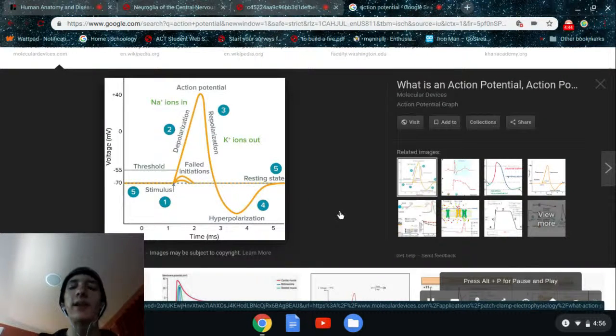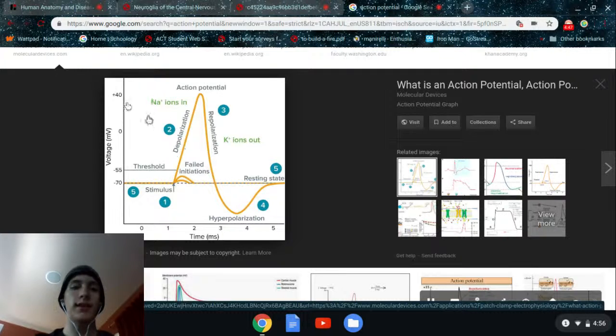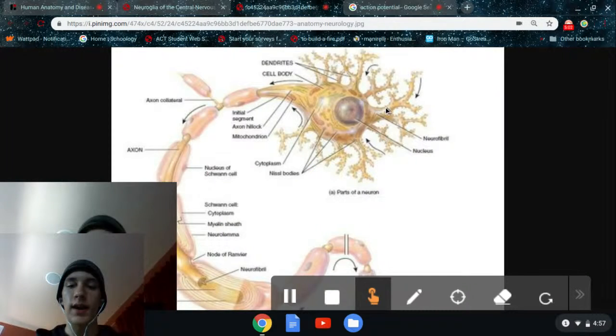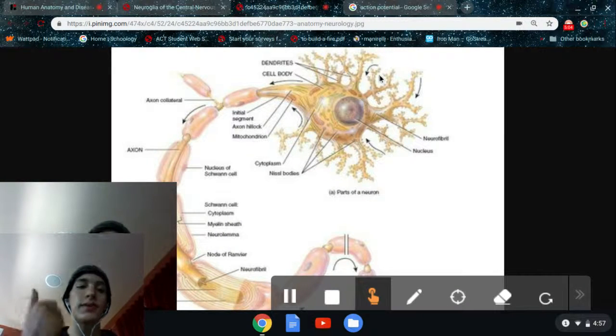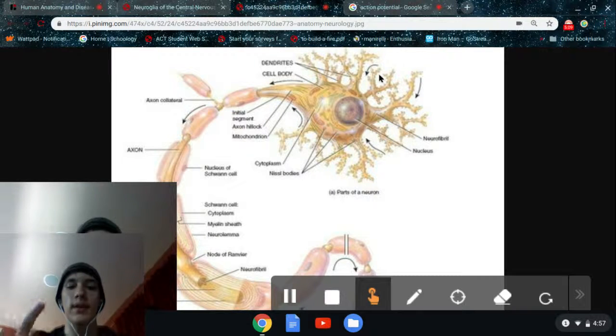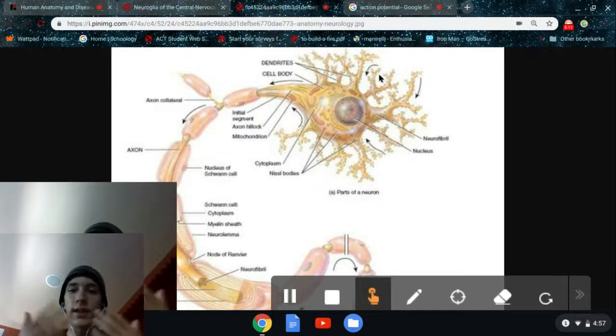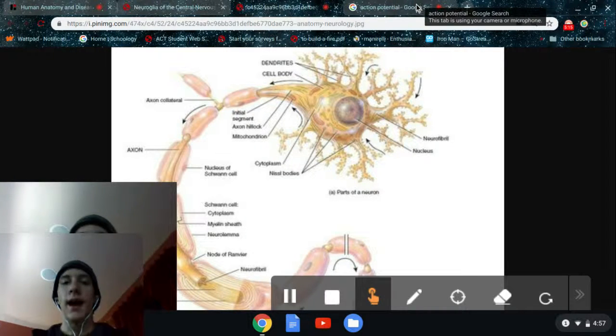So an action potential on a graph looks like this. This is measured in millivolts. So neutral is negative 70 millivolts when there's nothing happening. When a neuron is stimulated, these dendrites are detecting something, whether it's an impulse from another neuron or something happening in the body that it's specialized for, like, I'll get to that.